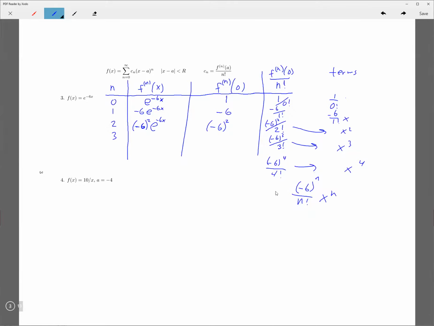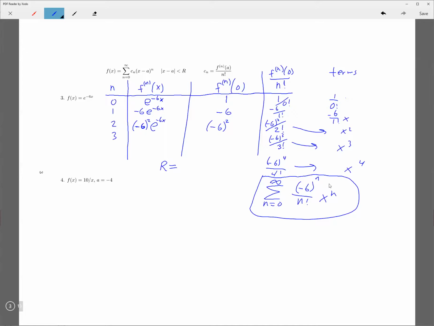Okay, so essentially you have the series. So that's the answer right there. And what do you think the radius of convergence is? It's greater than 1, by the way.